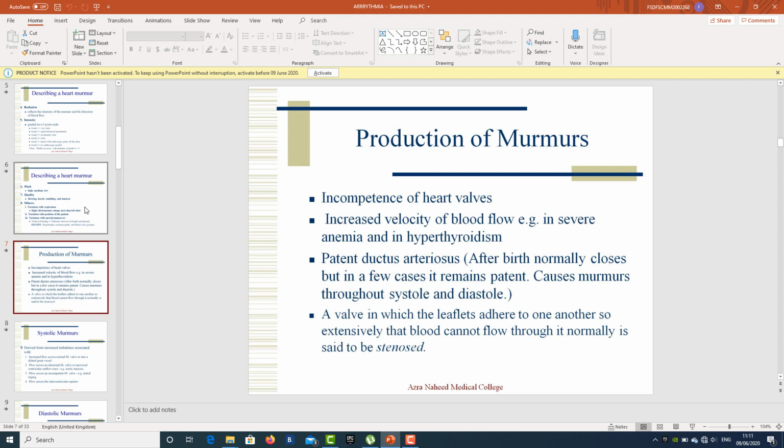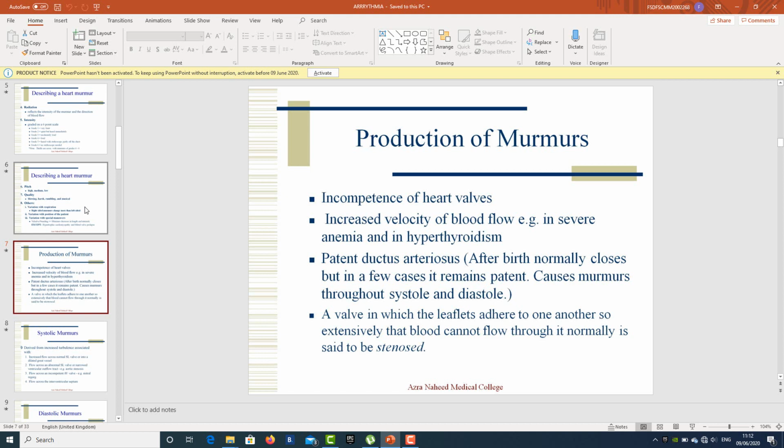Patent ductus arteriosus: after birth normally it closes, but in a few cases it remains patent and causes murmurs throughout systole and diastole. A valve in which the leaflets adhere to one another so extensively that blood cannot flow through it normally is said to be stenosed.